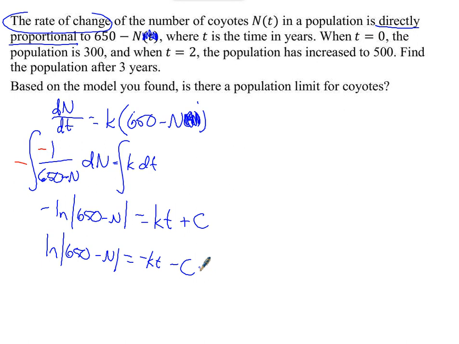No. Now I can apply e to both sides and wind up with 650 minus n equals e to the negative kt minus c.